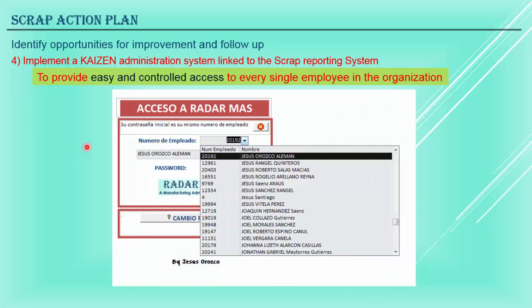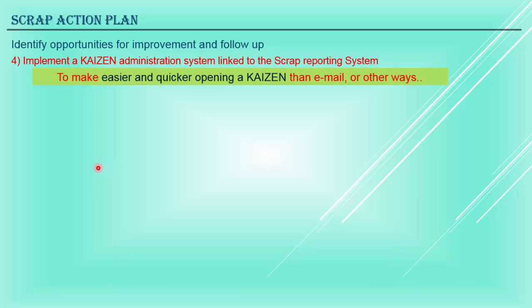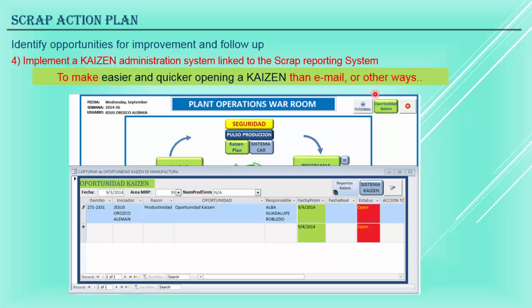This is done by adding the employee list into the system so we can have direct access in there. By doing this, we will make opening a Kaizen easier and quicker than sending an email or other formal or informal communication ways. And it takes less than 2 minutes to open a ticket.